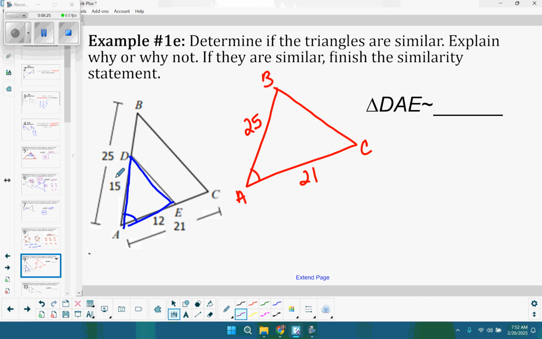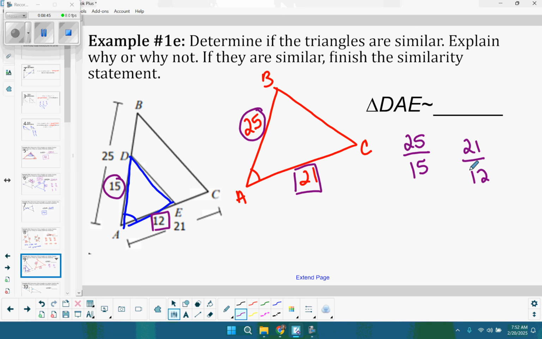So we're still going to take the bigger of the two numbers with the bigger, the smaller with the smaller. So 25 is going to be in the same fraction as 15. 21 is going to be in the same fraction as 12.